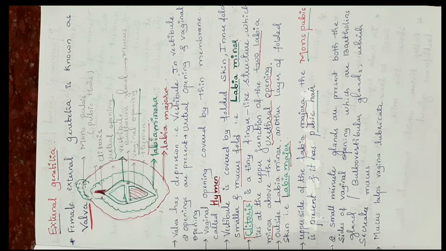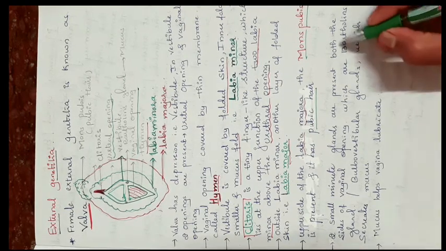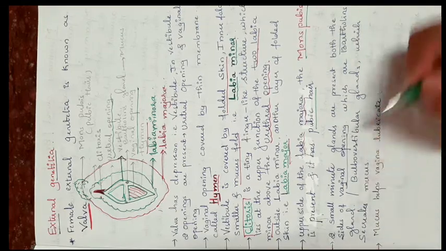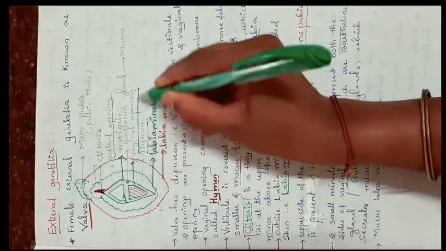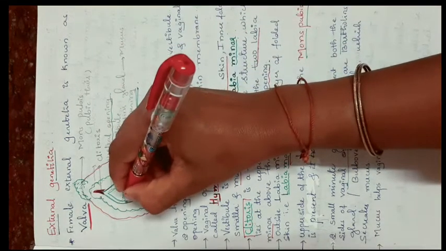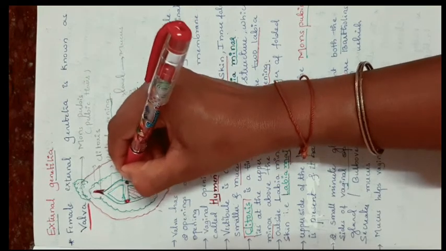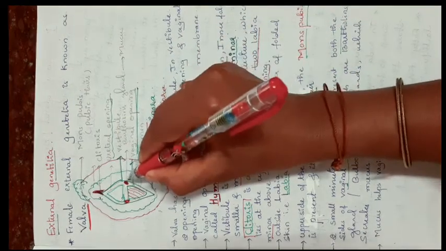Then the next point: two small minute glands are present on both sides of the vaginal opening. Here the lower opening is the vaginal opening. On both sides of the vaginal opening there are two minute glands, which I am drawing with the red color pen. Those are called Bartholin's glands.